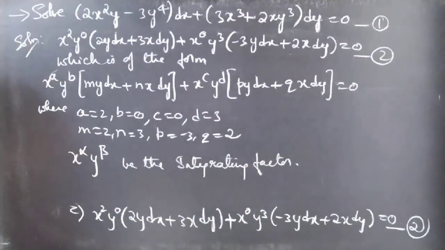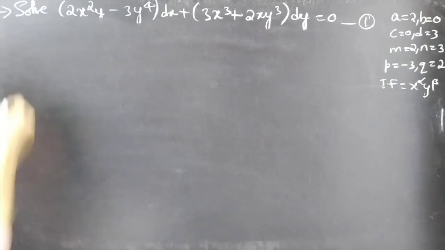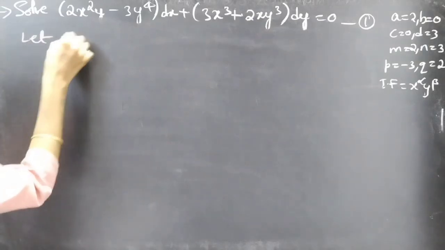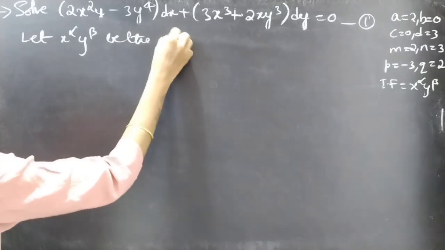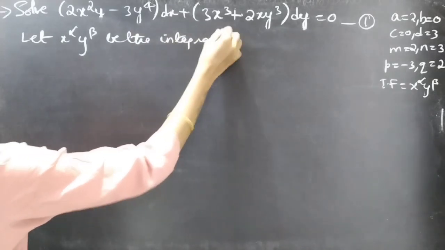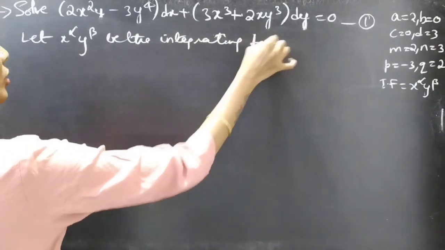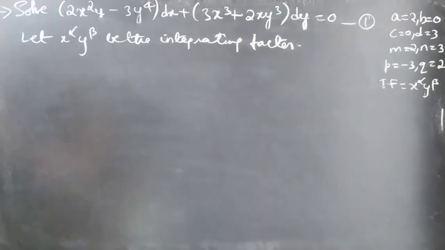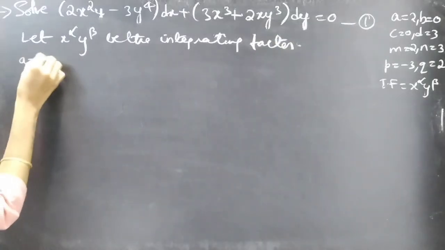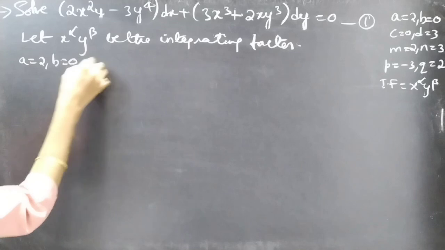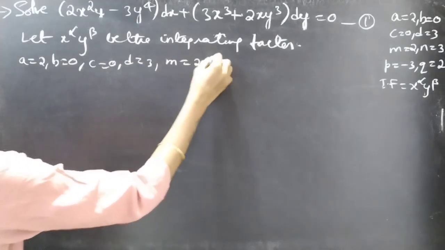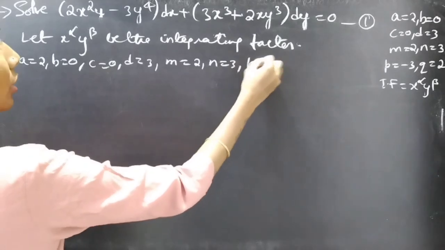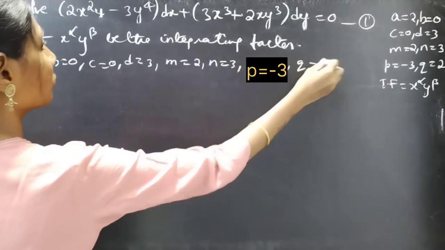Now using some methods we'll find alpha and beta. Let x power alpha y power beta be the integrating factor. Here we need to find alpha and beta. We have a equal to 2, b equal to 0, c equal to 0, d equal to 3, m equal to 2, n equal to 3, p equal to minus 3, and q equal to 2.